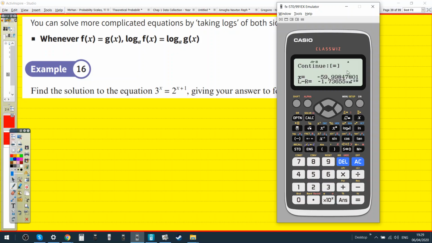You press equals again? Yeah, I just kept pressing equals and it's taking years to get there. Every once in a while it comes up saying this continue thing. Yeah, so you just keep pressing equals. Eventually it'll get there.